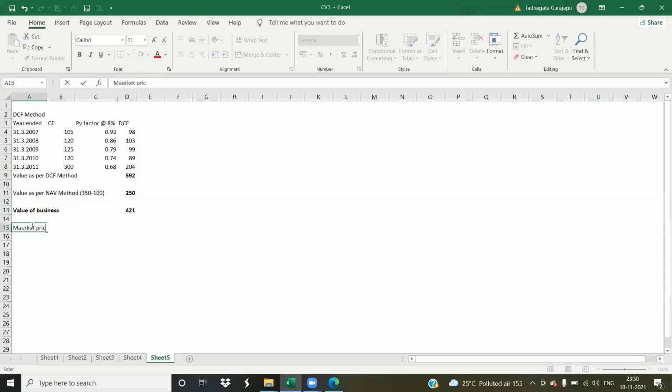Market price per share of the limited is equal to 570 plus, or you can just say average of, okay, let me just find out.